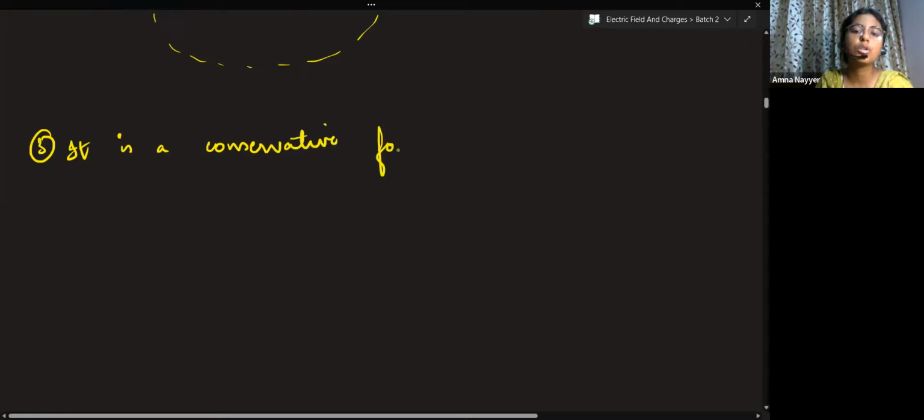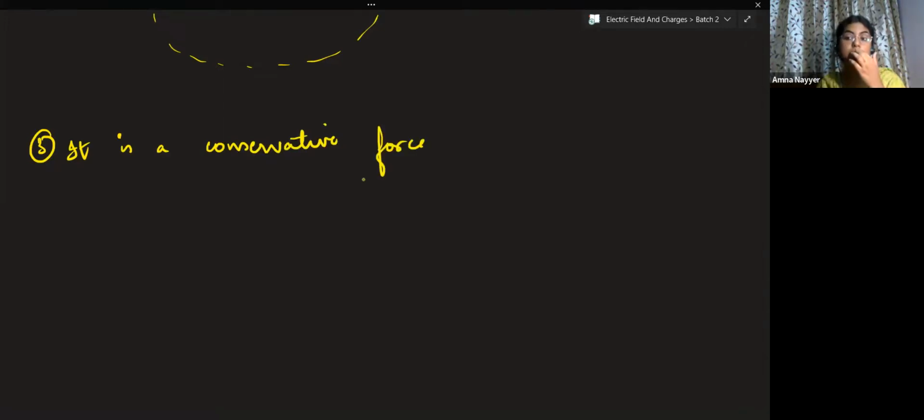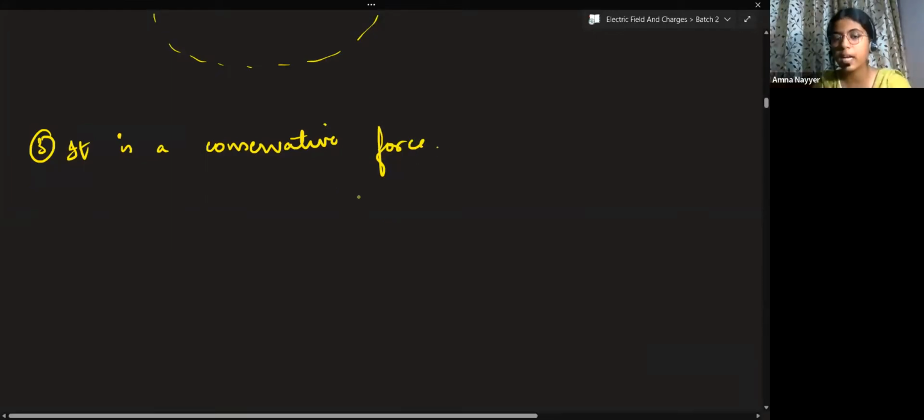The third property: it is a conservative force. Conservative forces and non-conservative forces you have done in 11th standard. Can any of you tell me what is meant by conservative force?